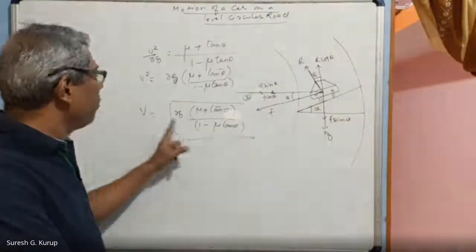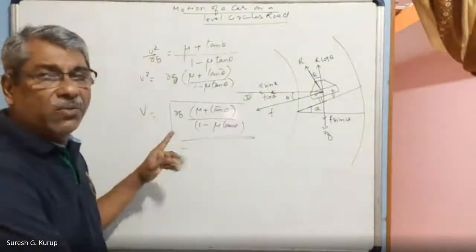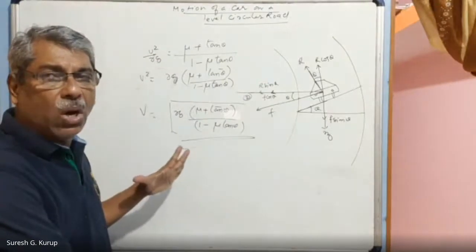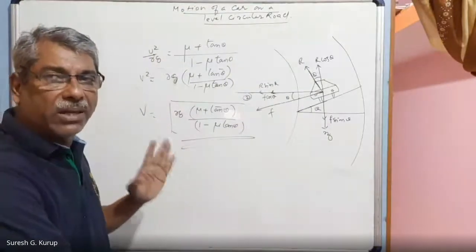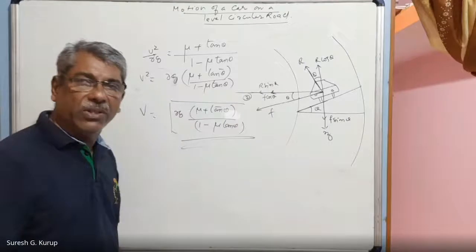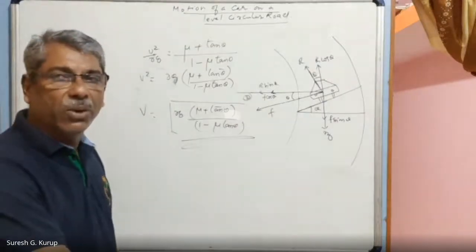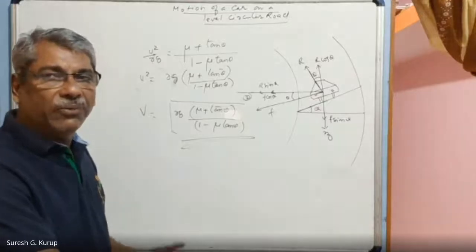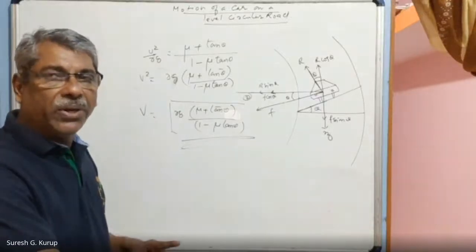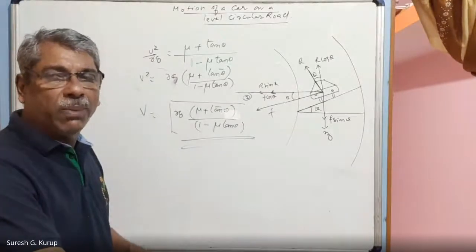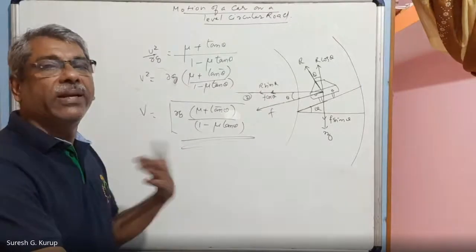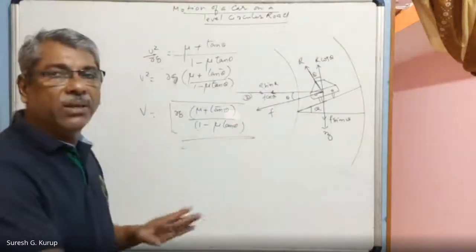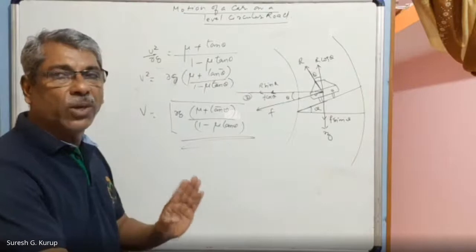If you calculate this, that velocity must always be kept. Negotiating with that velocity will be the safest way. If the velocity of the body coming to that point of the banked curved path is greater than this calculated value, then the vehicle will surely skid.